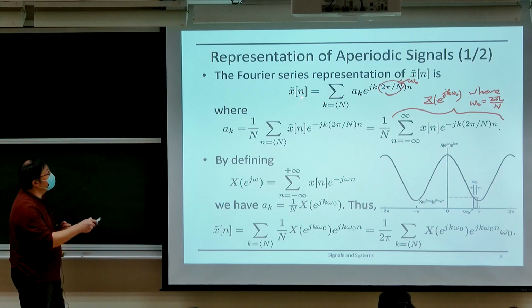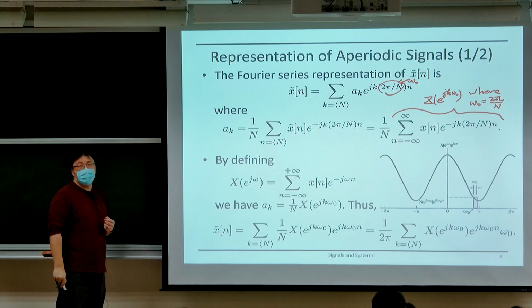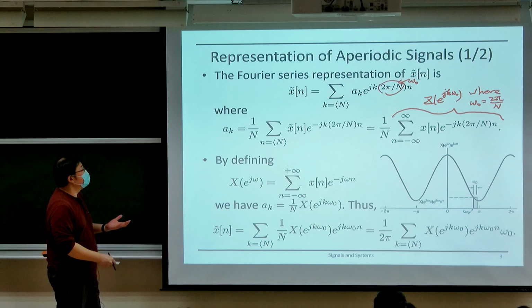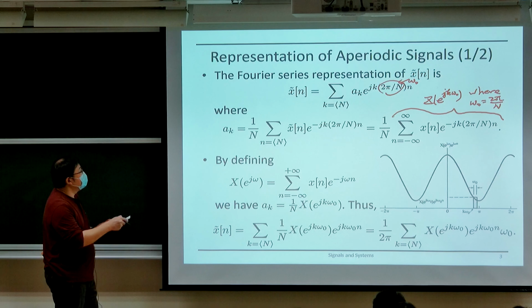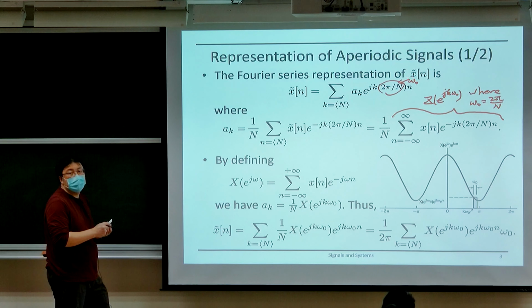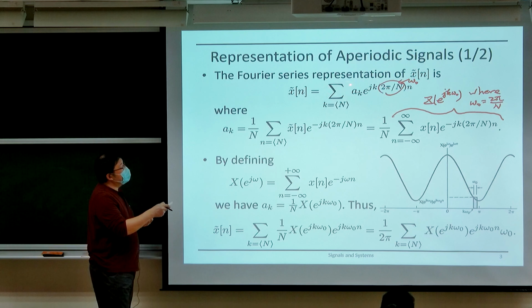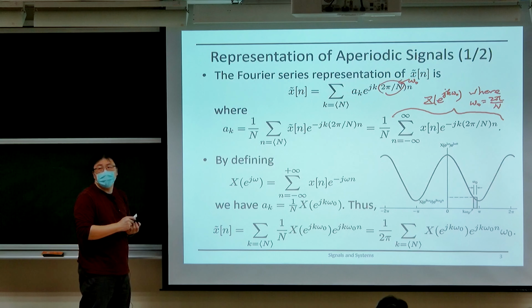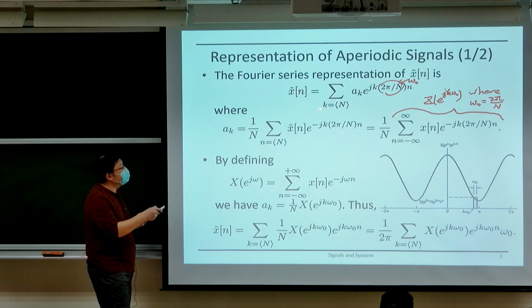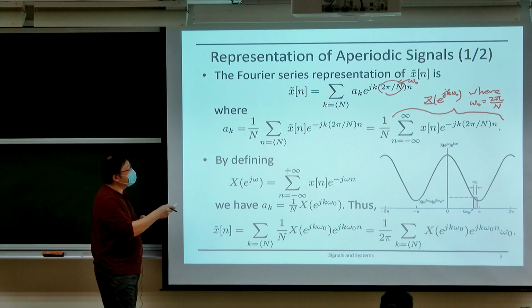So for this periodic signal x tilde of n, we know that we can write it in terms of its Fourier series representation. This Fourier series representation is the linear combination of these complex exponentials at integer multiples of 2 pi over capital N, which is omega naught, and this is summed over N consecutive values of k.